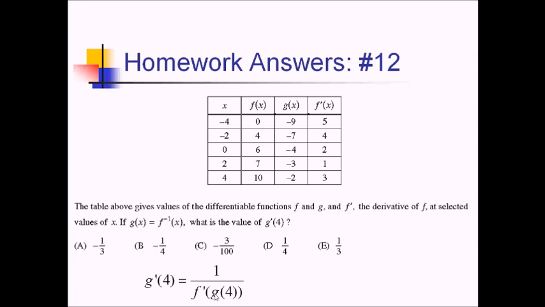And these are things we can just look up in our table now. g of 4, looking in the g column here, when I plug in 4, I get a g value of negative 2. So this is 1 over f prime of negative 2. And then f prime of negative 2, let's see, here's negative 2, here's f prime, that comes out to 4. So we have 1/4, choice D.